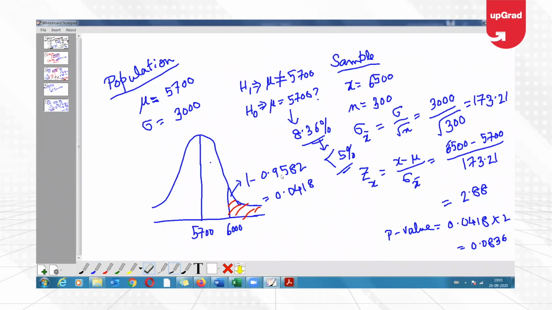Okay, so if that is the case, then this is 0.0002, which means even if I multiply it by 2, it's not going to be very high. So in that case, I can reject. So this is it from z-test. Now we'll continue with or start t-test.